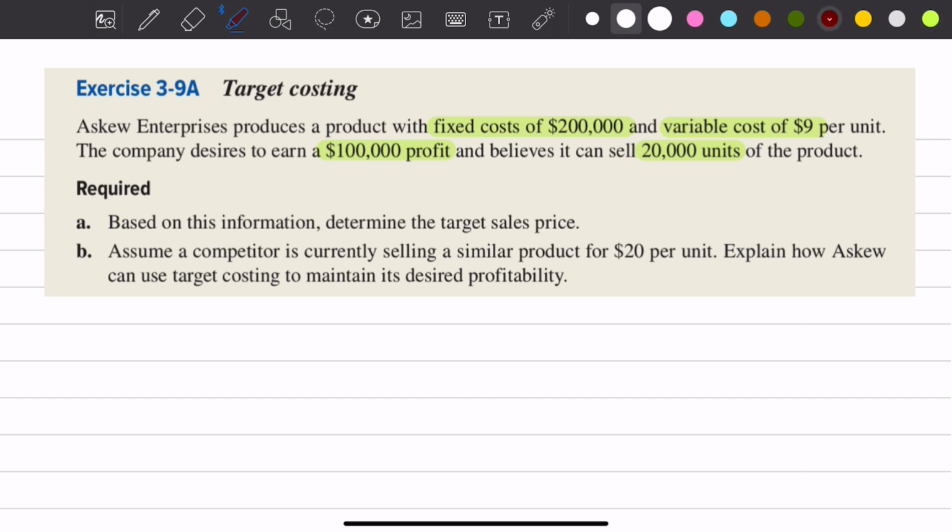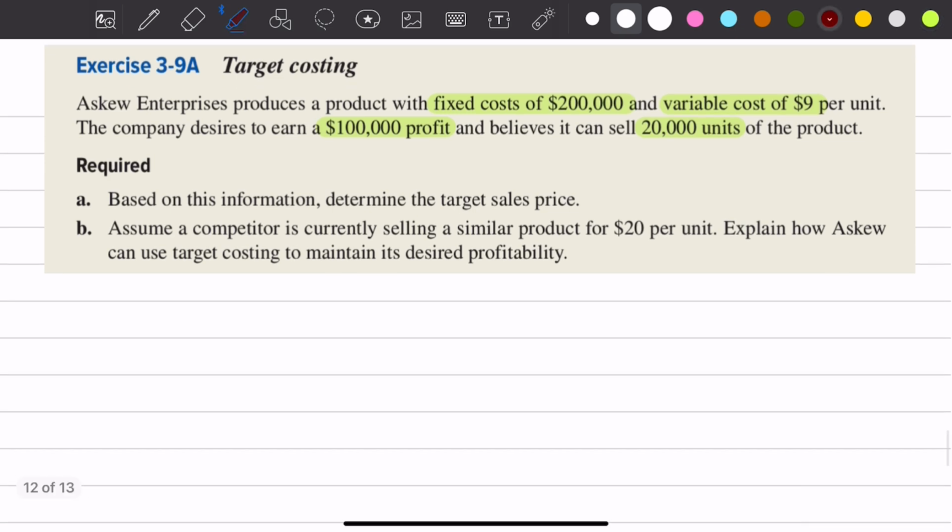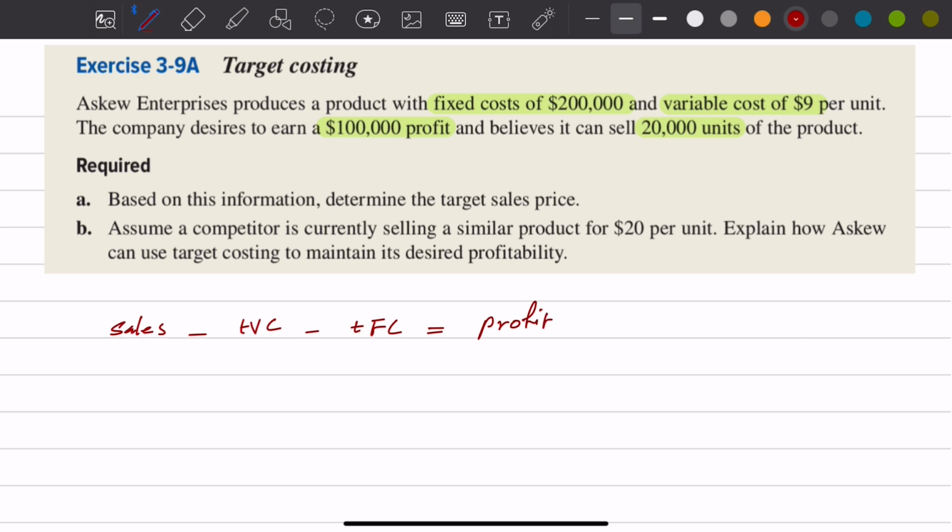So going back to our formula, remember that we use sales minus total variable costs, let's call that T, minus total fixed costs, equals profit, right?